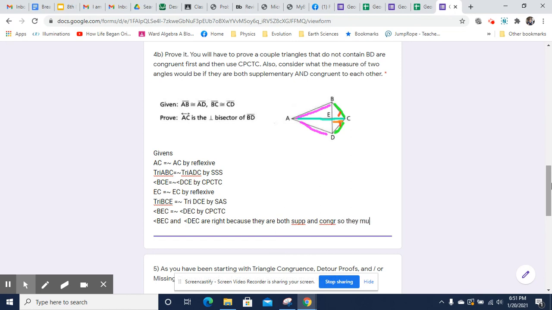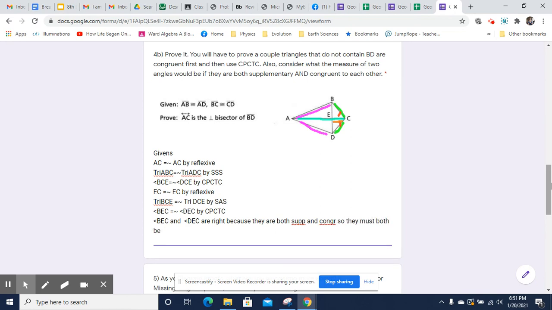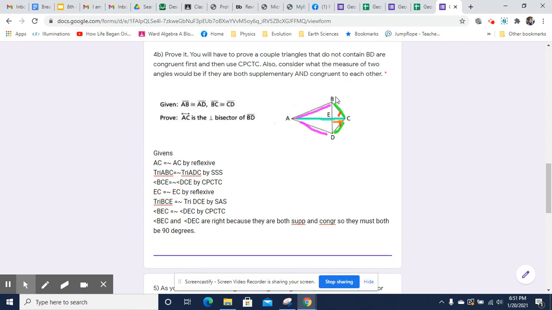So they must both be 90 degrees. Okay, and then we can also say that BE and DE are congruent. We don't have enough yet.